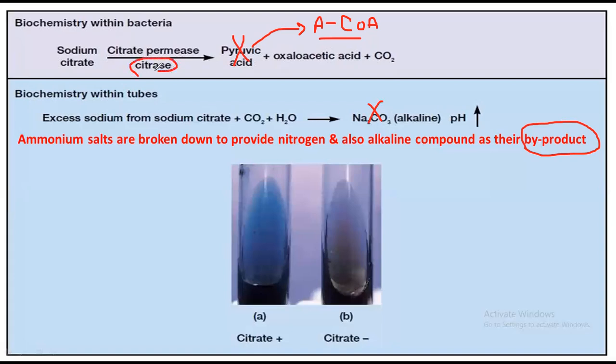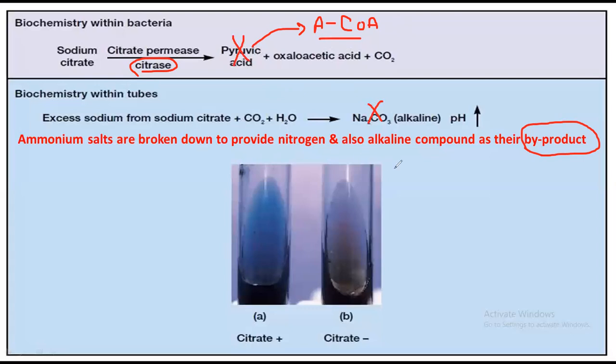If it is not present, there will be no pyruvic acid. This pyruvic acid will not be converted into acetyl CoA, and the ammonium salt cannot react with the acetyl CoA because there is no acetyl CoA, and it cannot produce different nitrogenous compounds. Because there is no precursor metabolite, so to whom will they react?